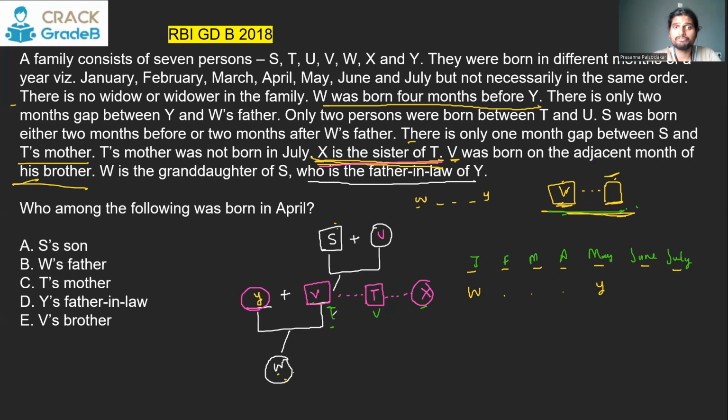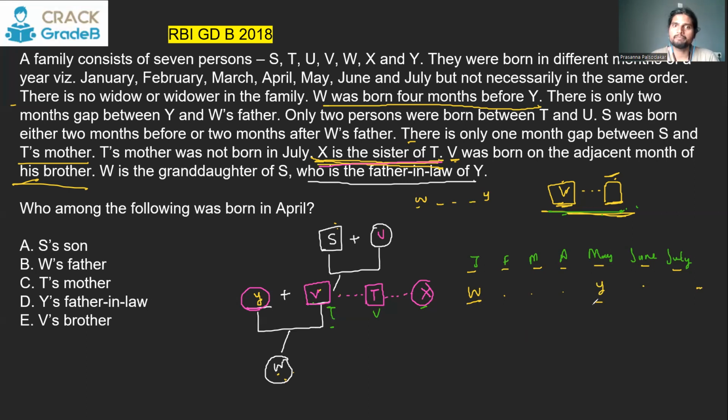So W's father, if V, then V cannot go further on this side. And if you shift this pair of Y and V on this side again, then the possibility of getting T on that side will again not be possible.